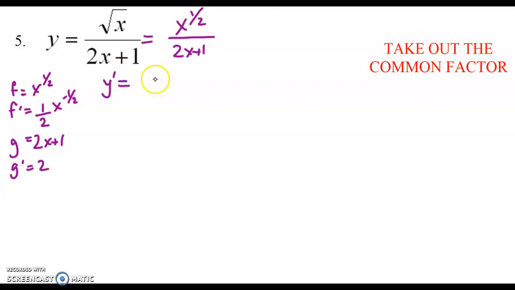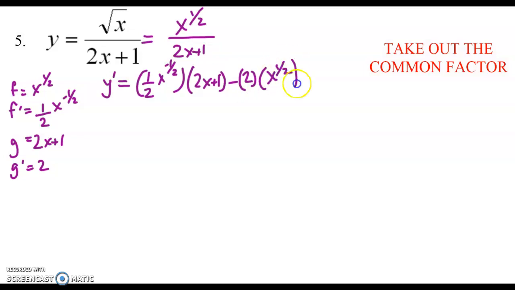Y prime is going to be equal to the derivative of f times g, subtract the derivative of g times f, all over g squared. Okay, I'll give you a minute. You can pause it and multiply that all out, and we'll see if we can reduce it.